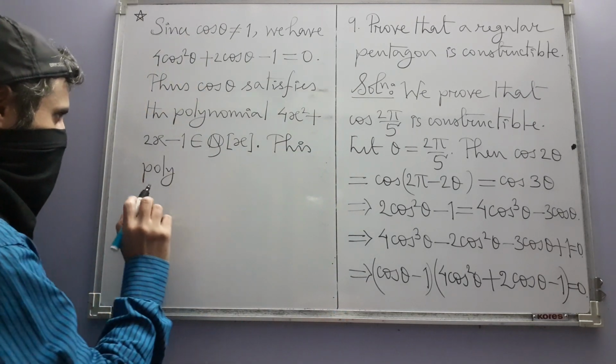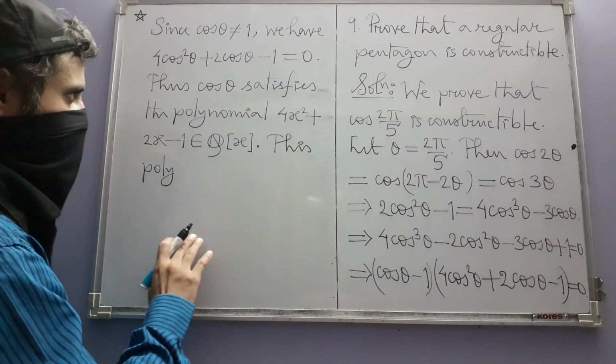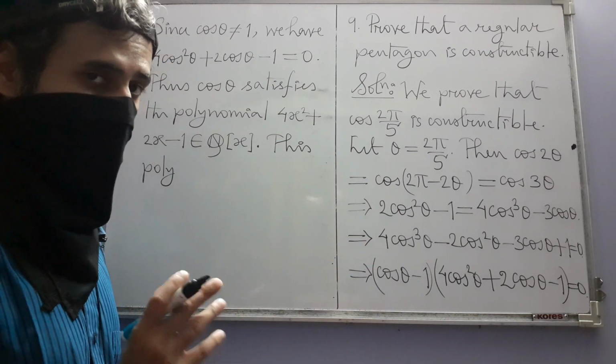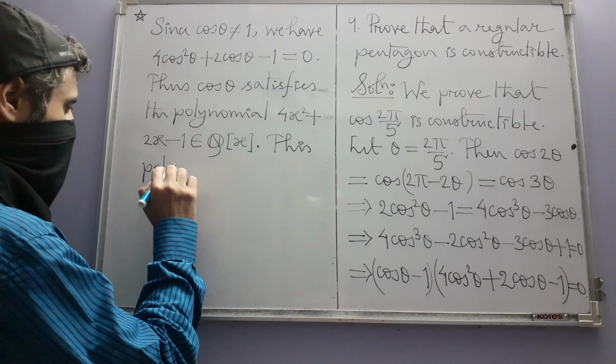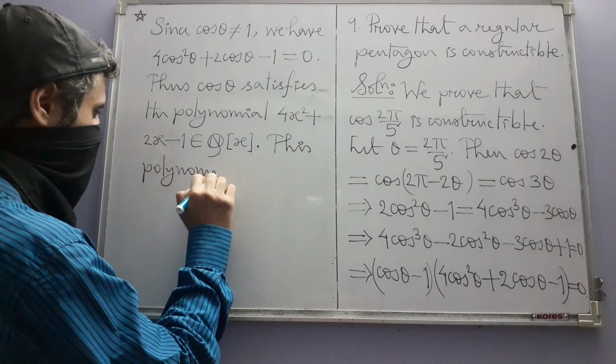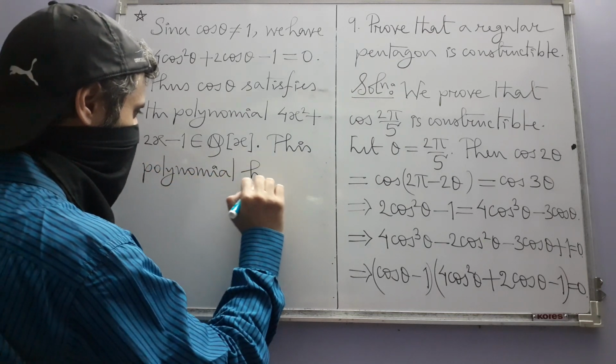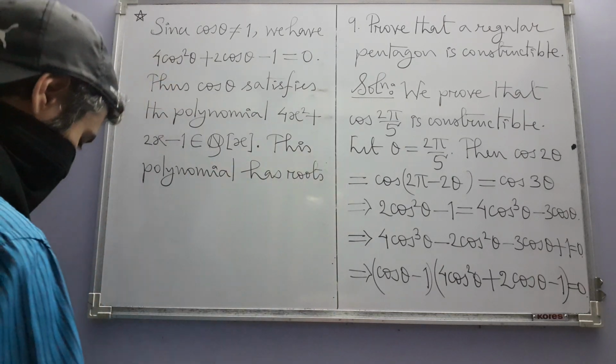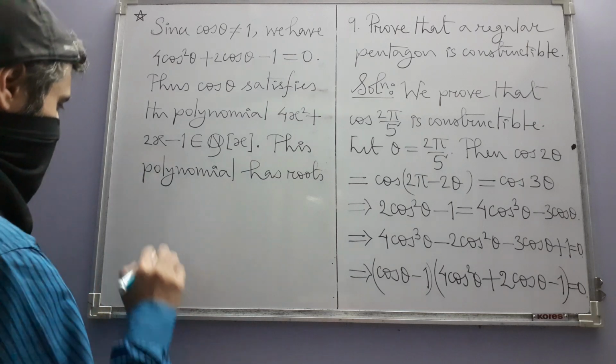So from that we will be able to determine what cos 2 pi over 5 actually is, what real number it is. There will be two roots, and those two roots are these.